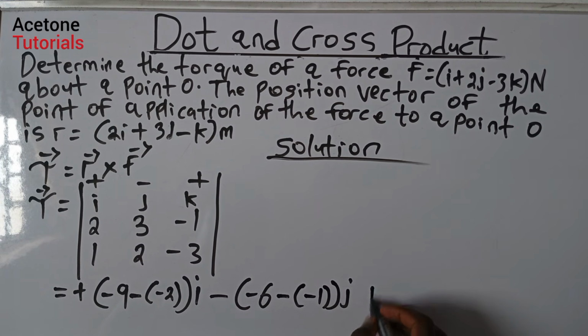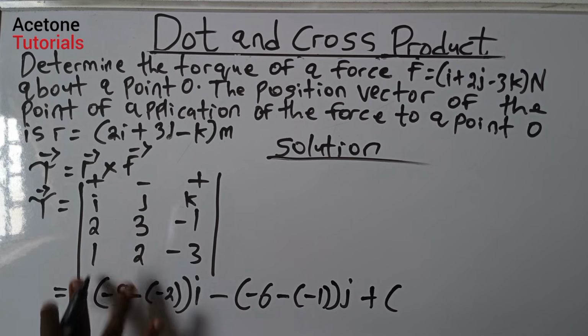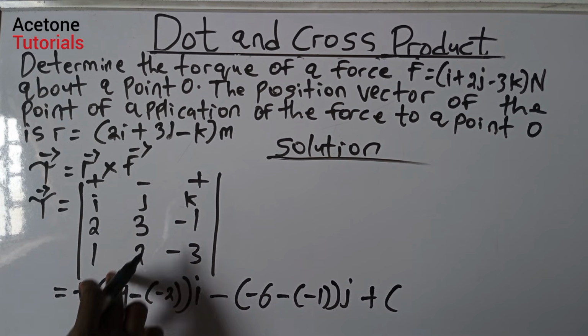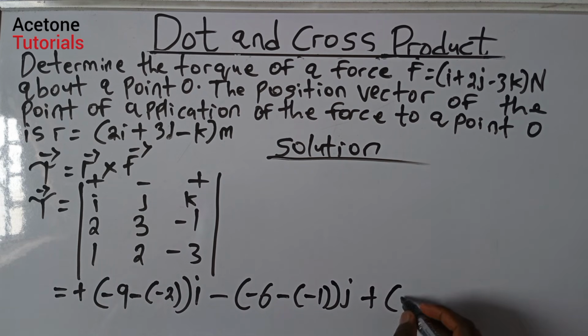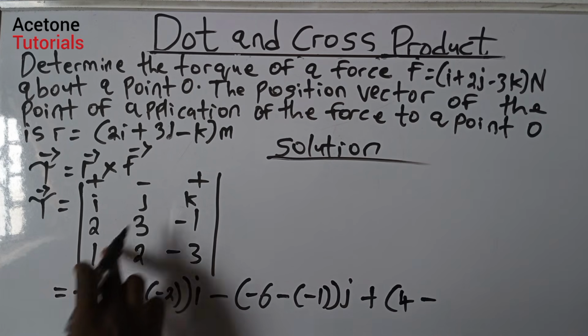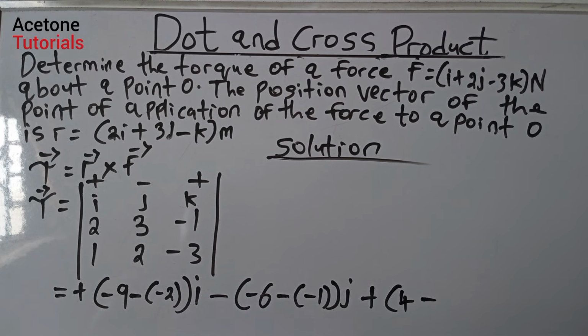For the K, plus bracket. Ignore what's under K and do the determinant of this. 2 times 2 is 4. Minus 1 times 3 is 3. Okay.